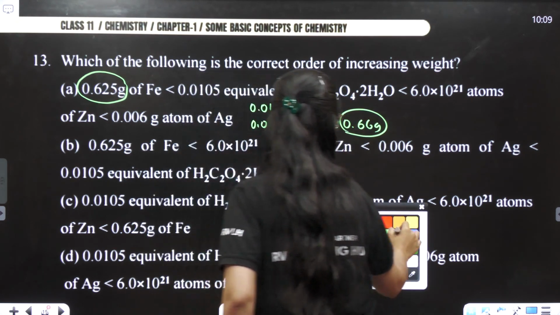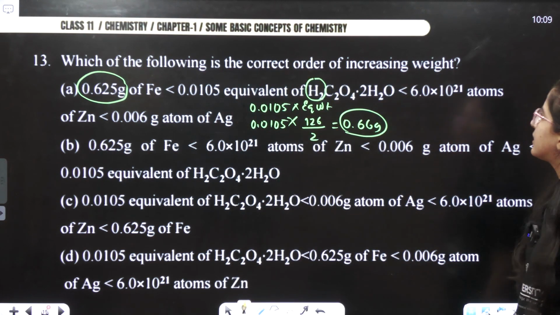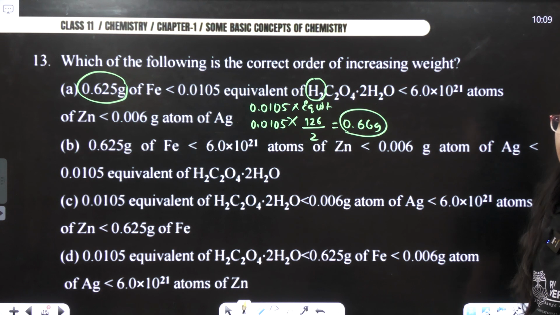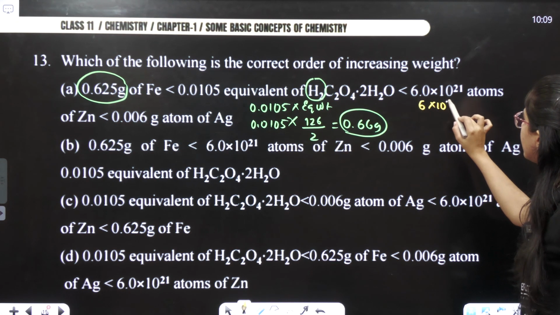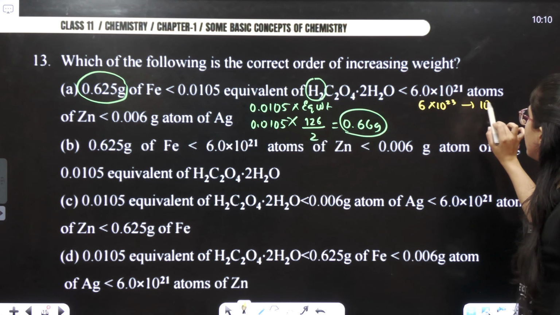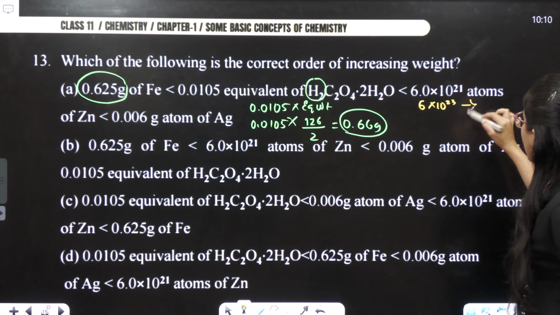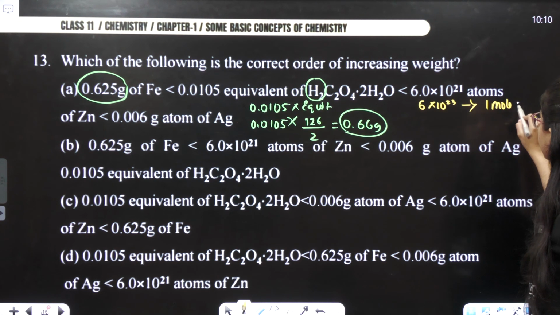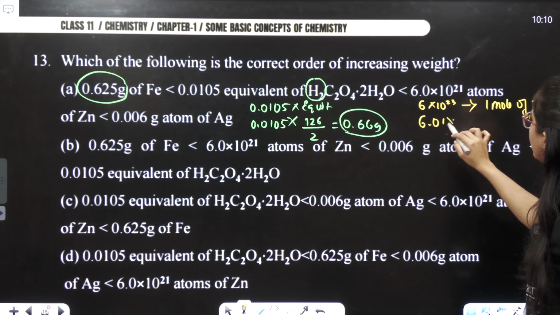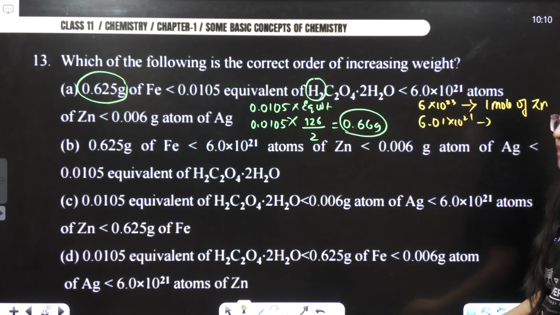Next, if you take this one, that is zinc. So 6 into 10 raised to 21 atoms are there, it is saying. So you know that 6 into 10 raised to 23 atoms will be present in 1 mole of zinc. Correct? Then 6 into 10 raised to 21 atoms will contain how many moles we have to calculate.